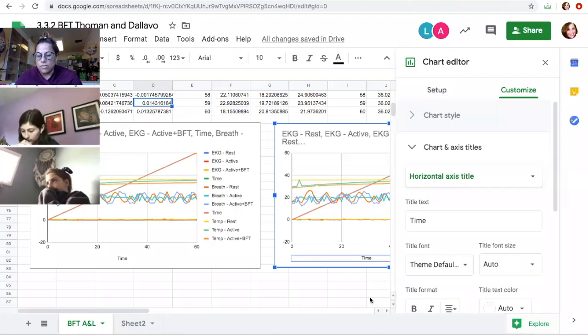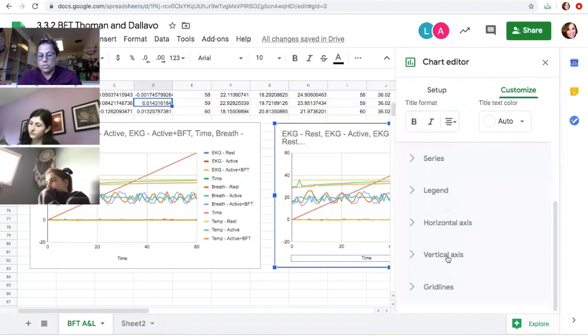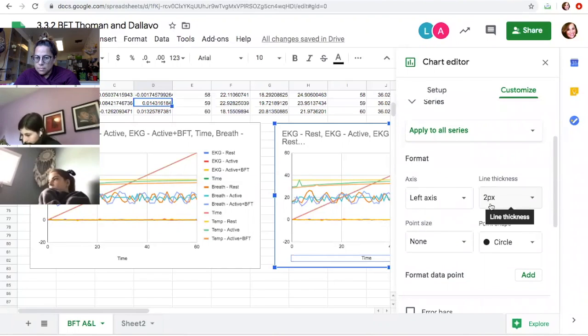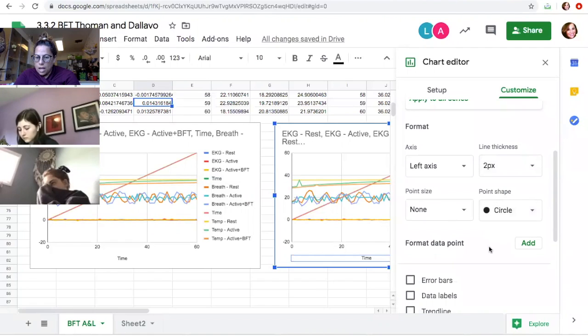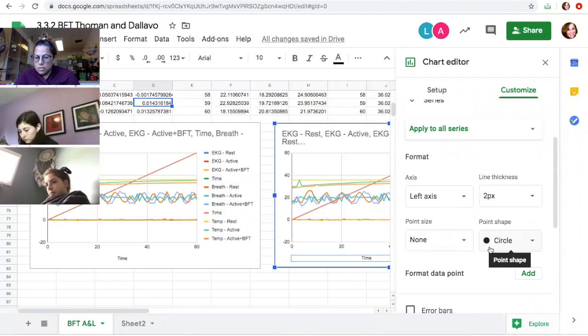Okay, so the first thing you want to do is scroll down to where it says series. So we're in customize and series.